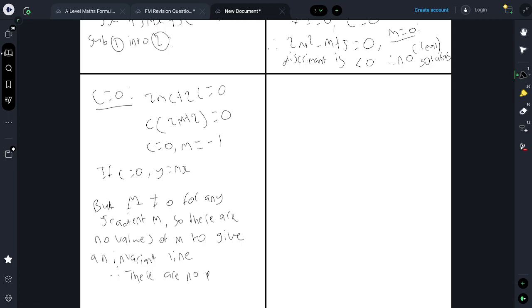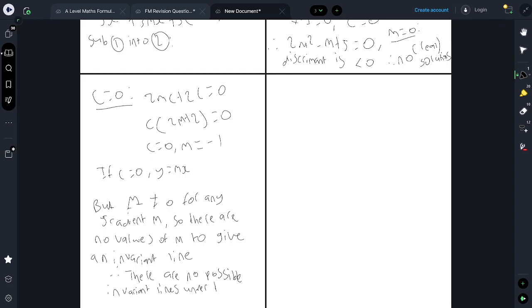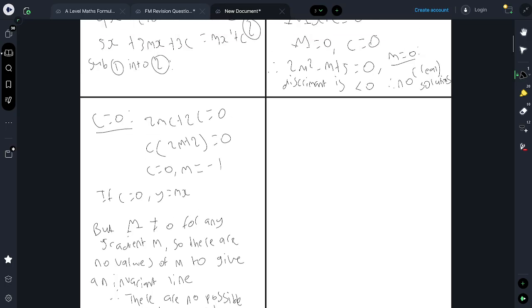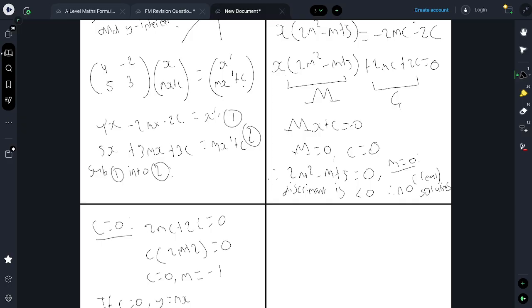So there are no possible invariant lines under the transformation. Because obviously if you pick the other case, m is minus 1, well, like I said, for any value of m, the first part, if you look at this bracket here, that cannot be 0, so therefore this equation cannot hold.